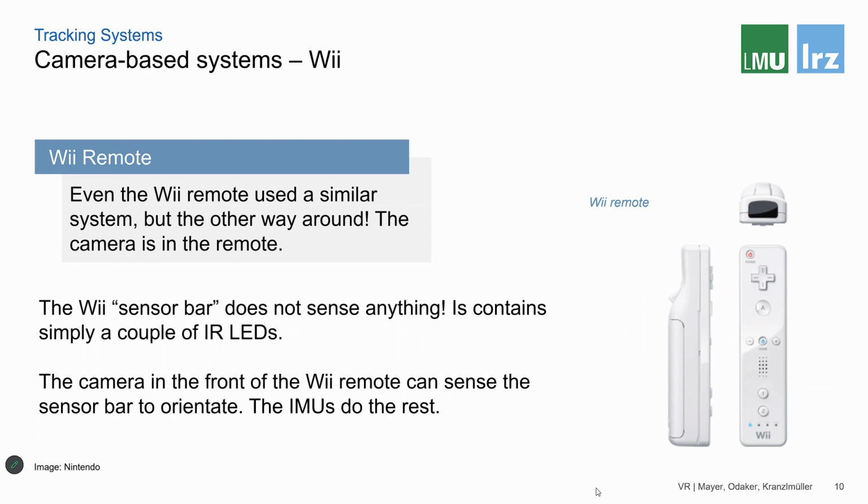So the remote does the tracking, and it can then see the LEDs in the sensor bar and orient itself by that. So it knows, okay, this sensor bar is under my TV, so the TV is there. And it also had IMUs in it, so the IMUs do the actual tracking, and it uses the sensor bar to orient itself.